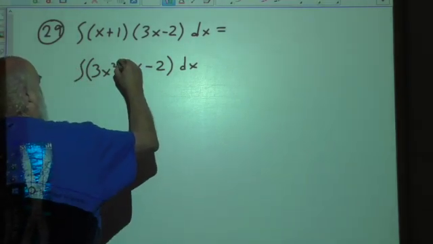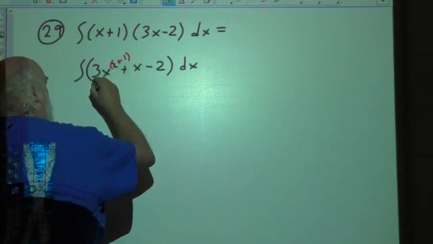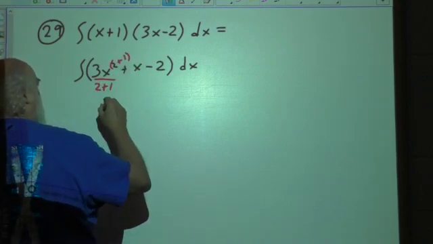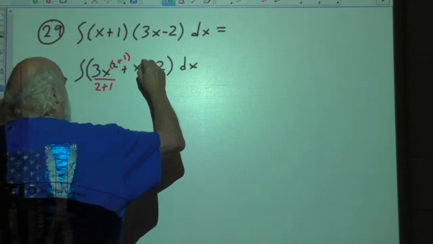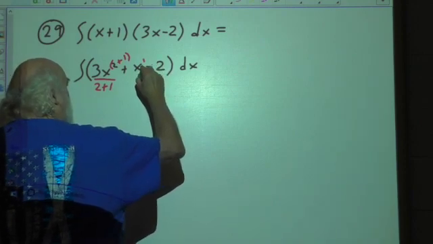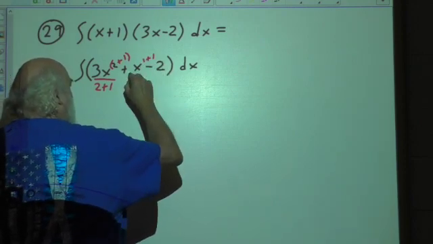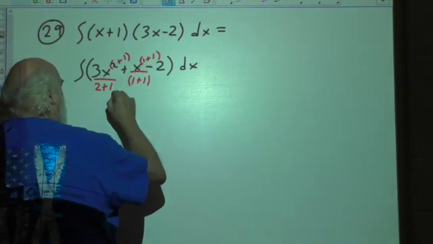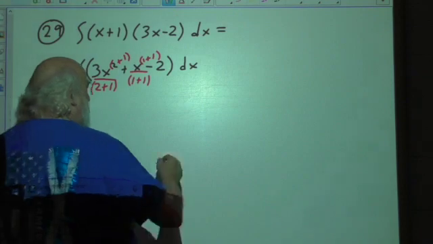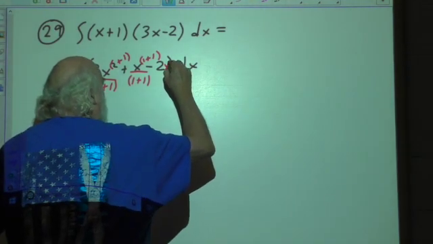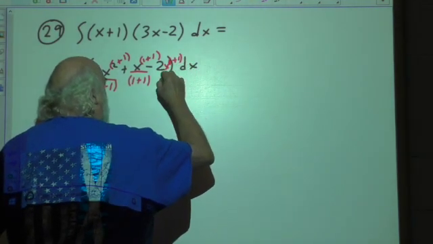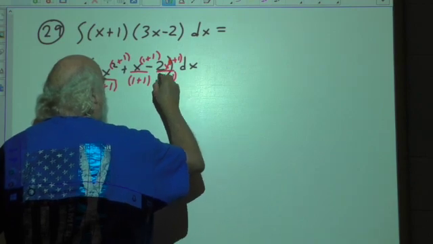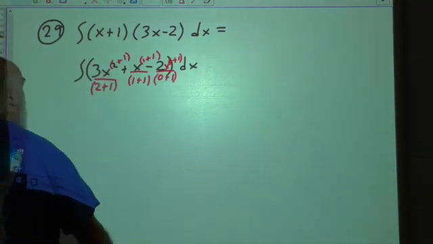So we're going to add 1 here, divided by that 2 plus 1. Alright, so you're going to add 1 here, this is 1 to begin with, plus 1 and divide by 1 plus 1. And this is 2x to the 0. Plus 1 divided by 0 plus 1.